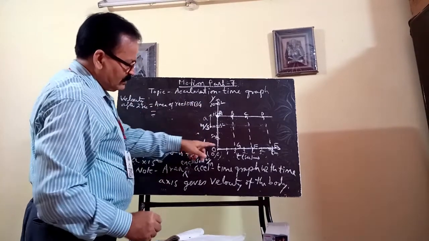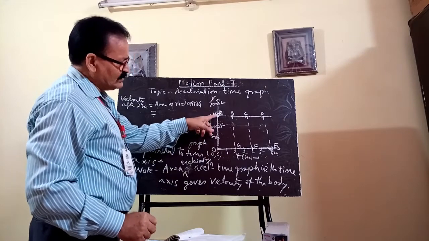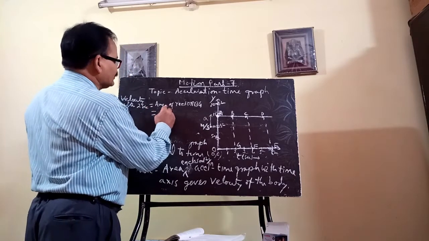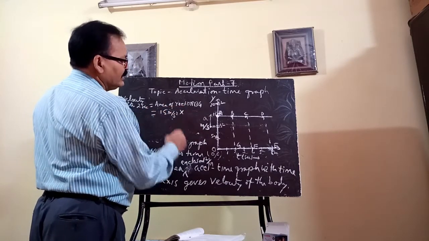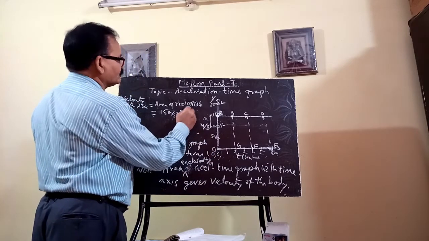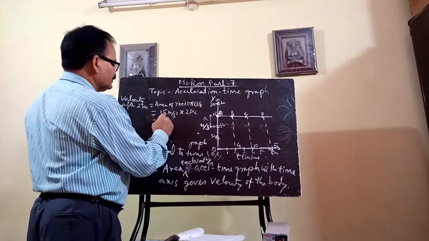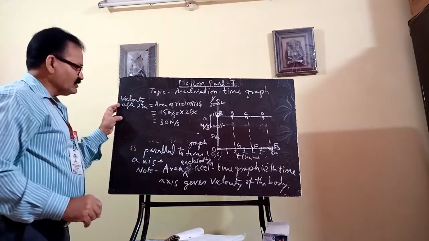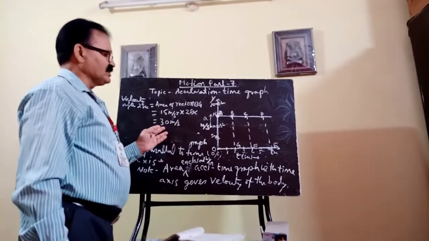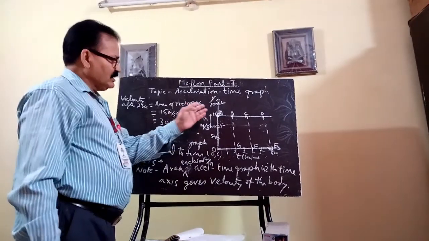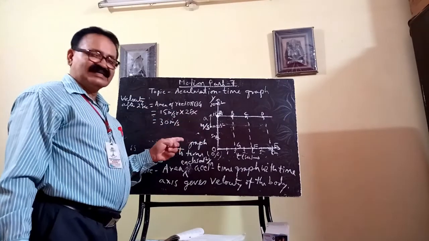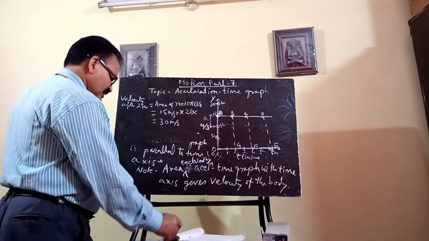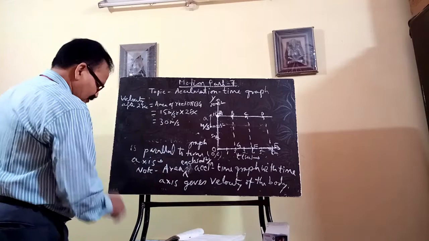Here the length is 15 meter per second square, into the breadth, which is 2 seconds. So this is 30 meter per second, seconds cancel. So the velocity of the body is 30 meter per second when the body is moving with uniform acceleration of magnitude 15 meter per second square. Clear?